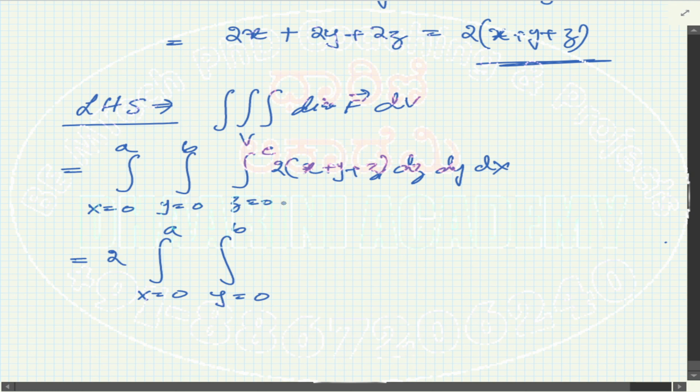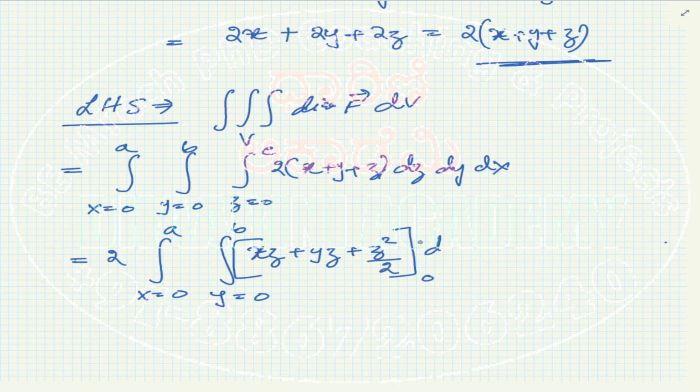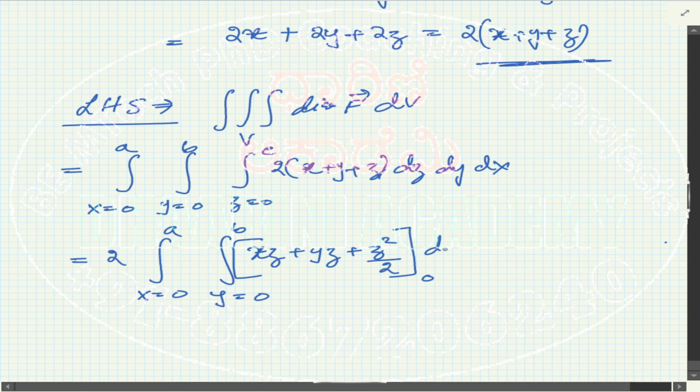So I get xz plus yz plus z square divided by 2 with the limits 0 to c, dy dx.